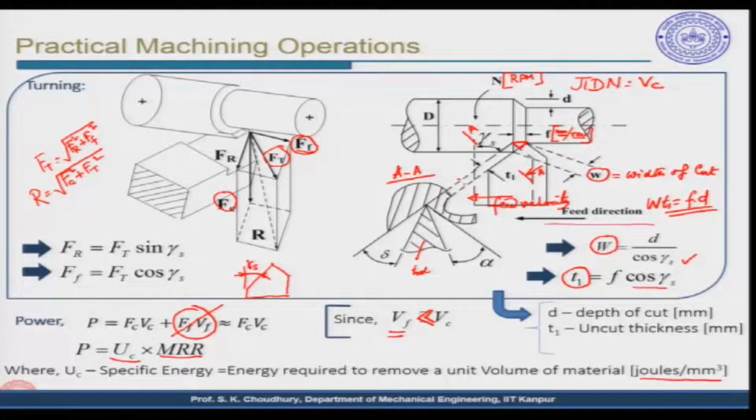Finally, the power P can be written as either Fc into Vc or Uc into MRR. These are the same thing. Uc into MRR is equal to Fc into Vc.